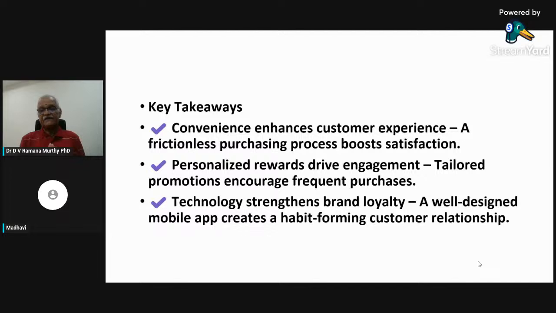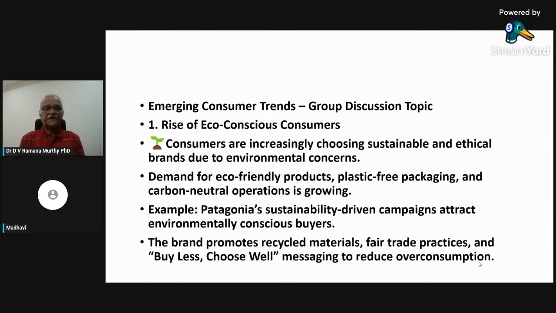Personalized rewards drive engagement. You will be given gift coupons. You're engaging with the customer directly. And again, technology strengthens brand loyalty. You have mobile apps, and there you have a lot of personalized relationship with the customers, and that's how you can win the customers and increase sales.